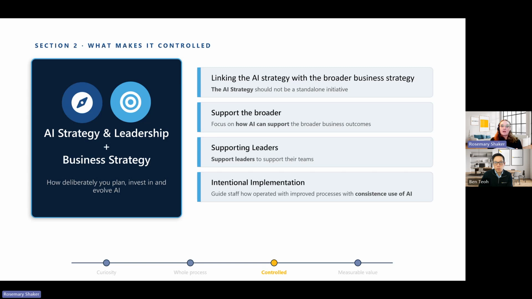There, you might look at the fact that we spend 50% of our week doing repetitive admin. Can AI take that away? Then we can use that 50% of our time to face our community and run these programs. That's where you start to see AI actually supporting the business strategy and the business outcomes.